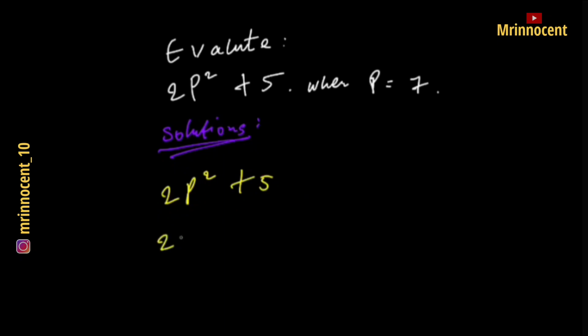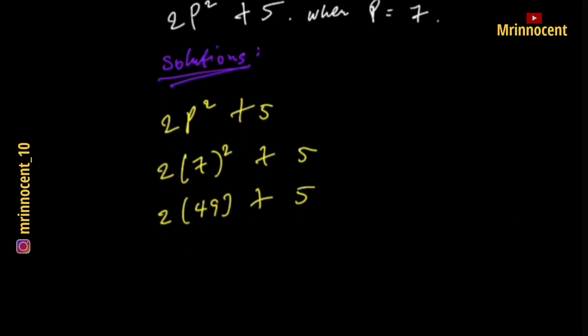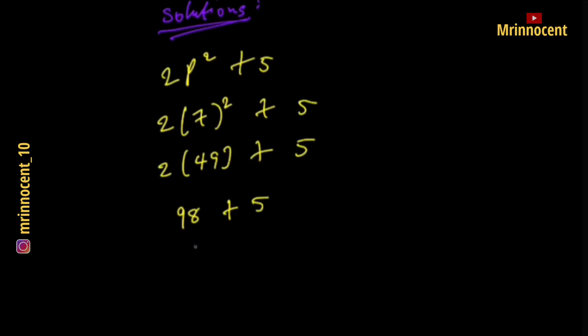So you have 2 times 7² + 5. 7² is 49, so 2 times 49 is 98, plus 5. 98 plus 5 is 103.